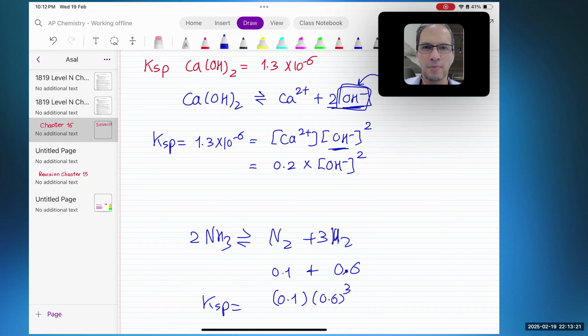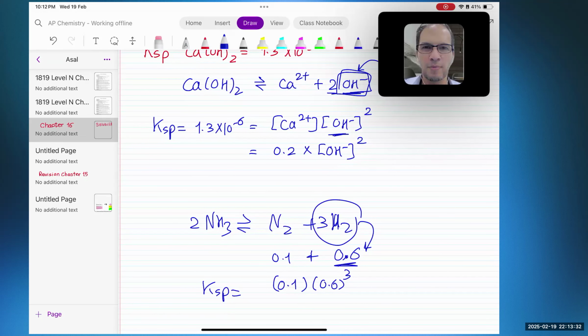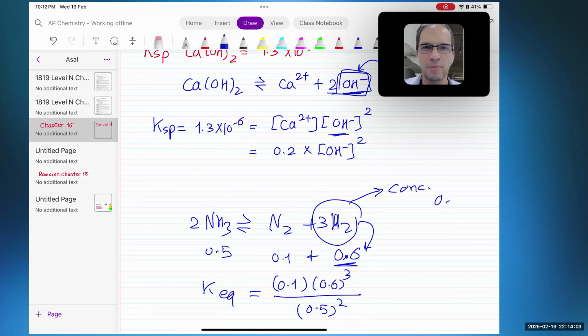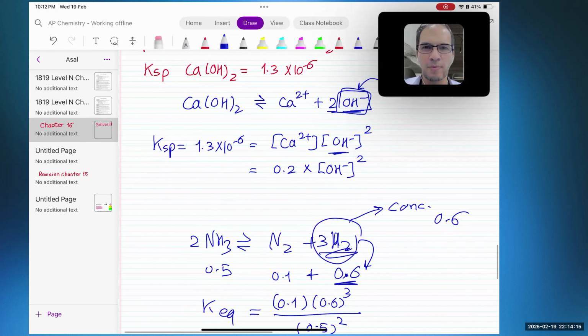هل انت بتعمل multiplied by 3 تاني؟ لا ليه يا مستر؟ Why? Because the value is 0.6 خلاص. دي كلها ب 0.6 انا مديها لك. هتروح تعملها multiplication by 3 تاني؟ When you try to answer this, what do you do? قول لي بتعمل ايه لما تيجي تعمل كنت؟ يعني قلت لك ده 0.6 وده 0.7 وطلع لي K equilibrium مش Ksp، هتقول لي ايه؟ What you are going to tell me؟ بتعمل 0.6 to the power of 3 بس صح؟ ليه؟ لأن أنا قلت لك ده الكونسنتريشن بتاعه 0.6. أنا بقول لك خلاص الفاليو بتاع الـ H2 concentration is 0.6. ما تجيش تقول لي بقى انا هعمل لها مالتيبليكيشن ب 3. هنا نفس الكلام بالظبط.